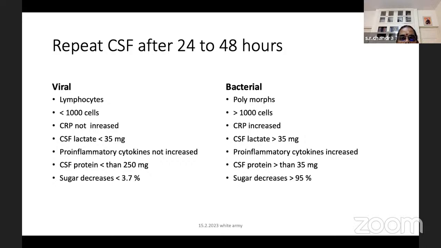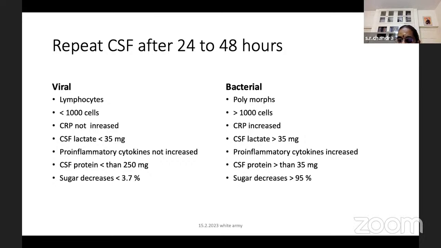What happens in bacterial? In the repeat CSF, polymorphic pleocytosis is usually established. Cell count is more than 1000. CRP is elevated. CSF lactate is increased. Pro-inflammatory cytokines are increased. Protein is more than 35, and sugar is less than 95.